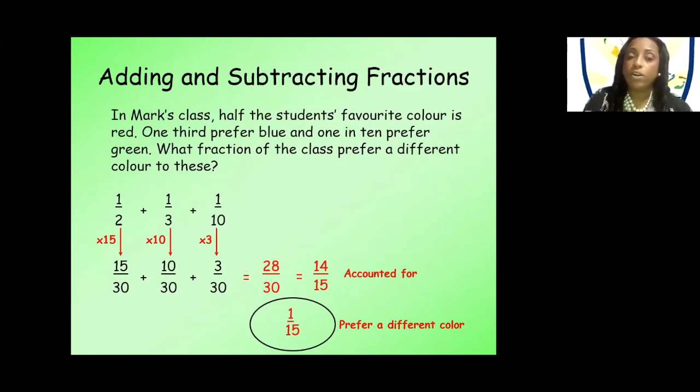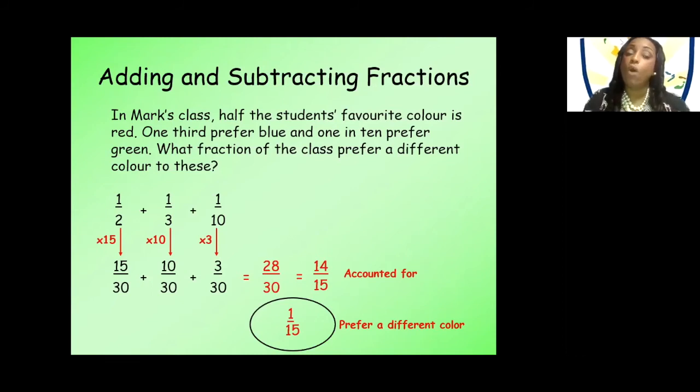So now, remember now, think about it. 15 over 15 is equal to 1. Another point to remember, whenever you have a fraction whereby the numerator and the denominator are the same, guess what? It equals 1.